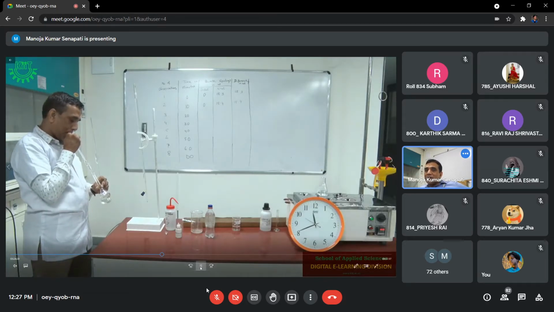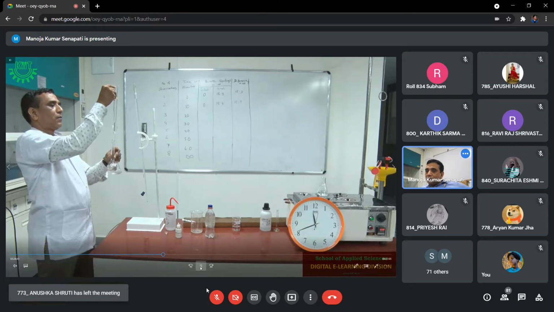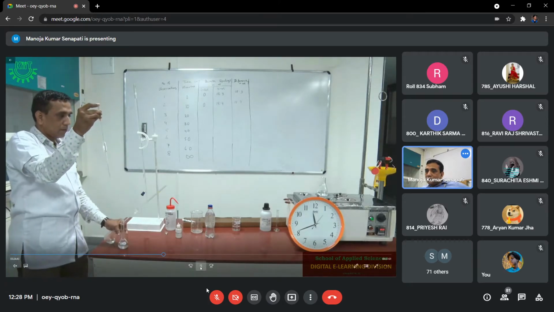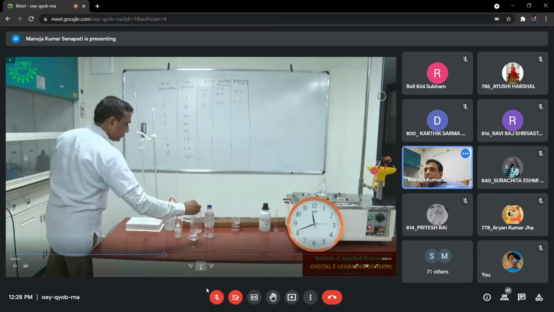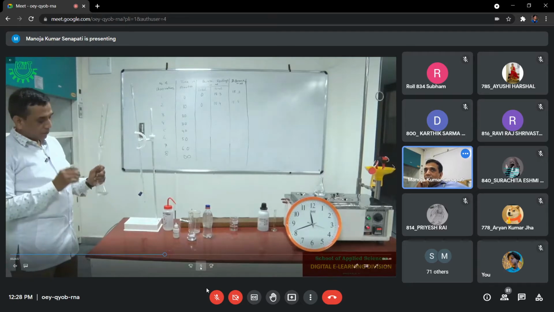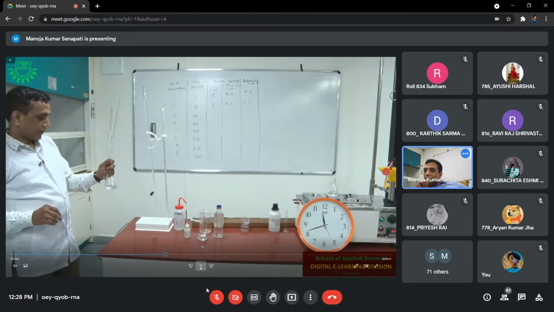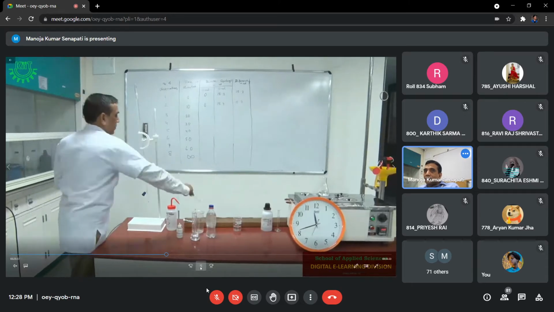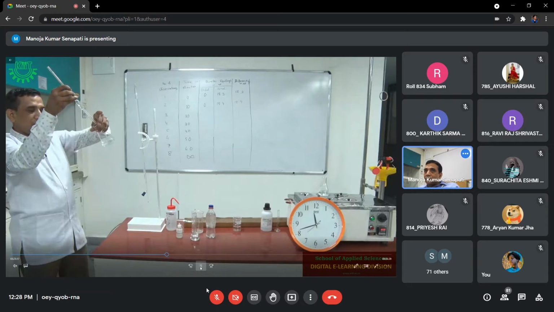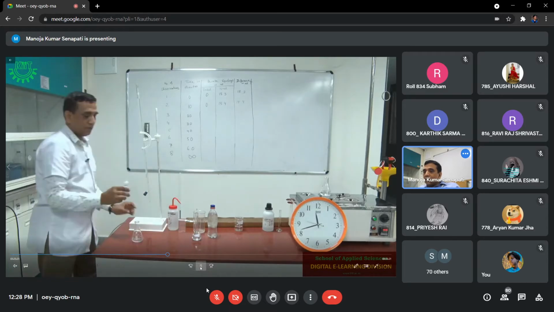I am taking out 10 ml of the reaction mixture. Add phenolphthalein.